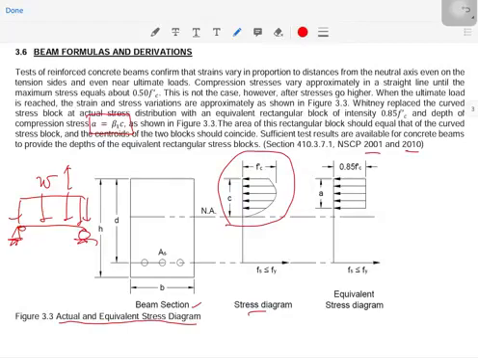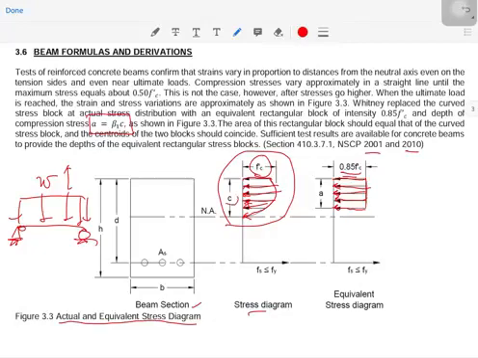Okay, so Whitney is quite wise. If we try to analyze the stress with a curve, it is quite difficult to analyze. So what he did was convert the curved stress block into a rectangular stress block to make the analysis easier. From F prime c, the stress goes down to 0.85 F prime c, so there's a reduction of 0.15.